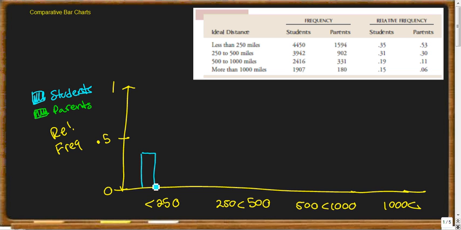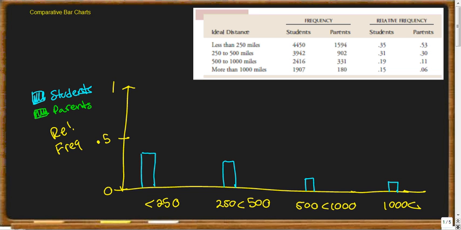Students then go to 31%, so a little bit less. They then go down to 19, so pretty small. And then we have 15% finally after 1,000. So just roughly drawn. It's not perfect, but you could make it a little bit better.